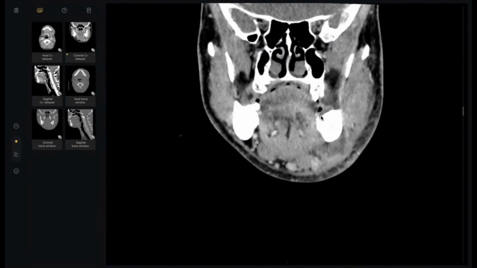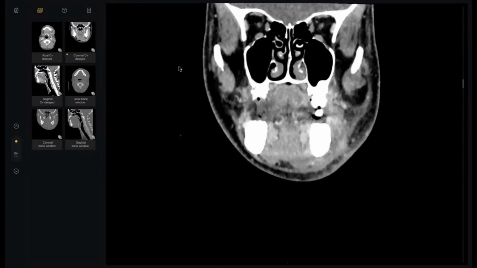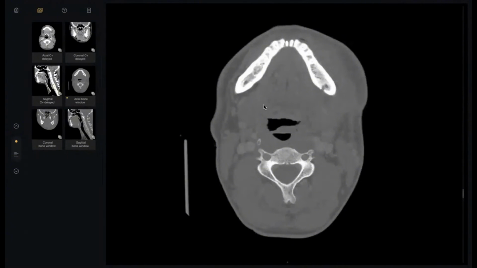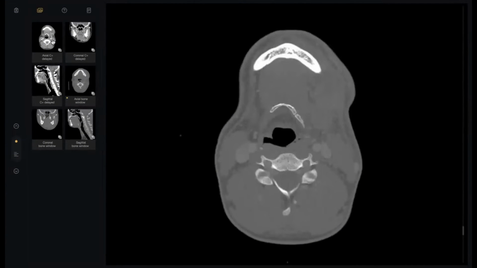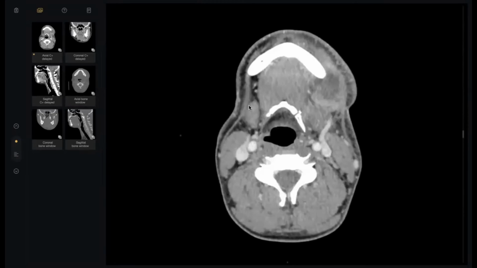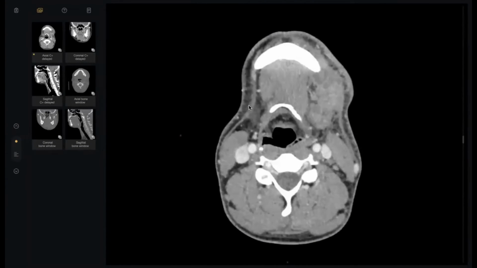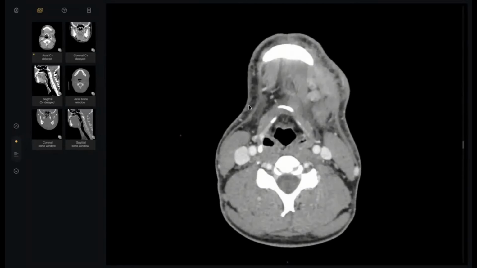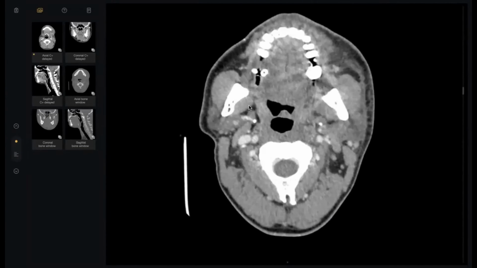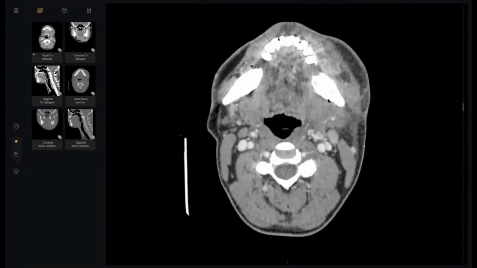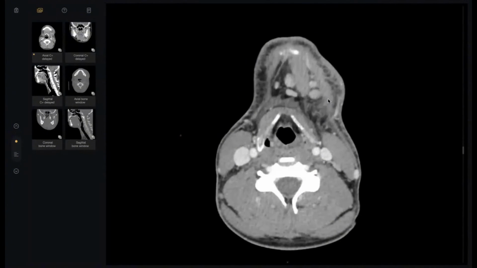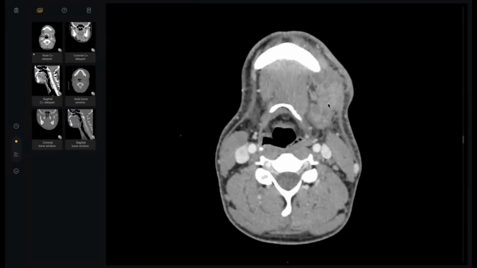Okay. Where is the location? You didn't talk about the location. Okay, it's related to the left body of the mandible, in the left angle. Not the left angle. See the left angle here. Oh, okay. It's extending even to here. See, very easy. What is this?